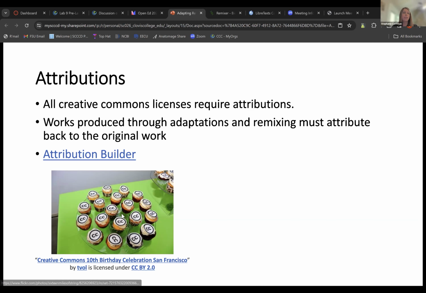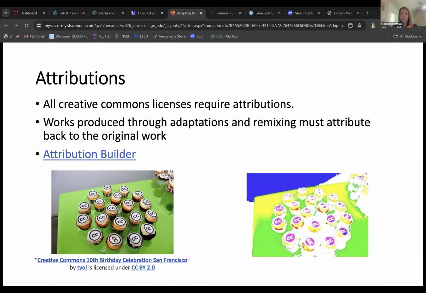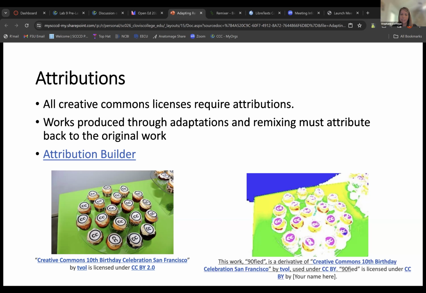This is attributing just to the original work. So let's say now we take this picture and we adapt it. We change it and apply a filter. Now it's ours and theirs, right? We've both put things into this.